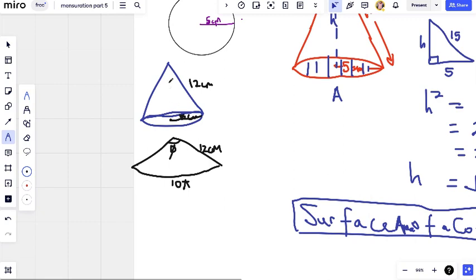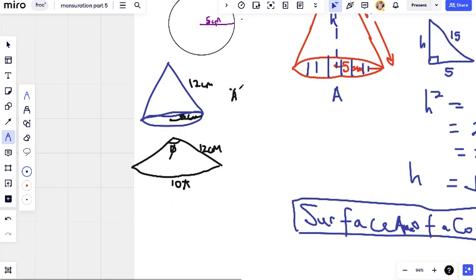The total surface area of this cone. So the first thing we do is to find the area of this base circular part, which is pi r square.